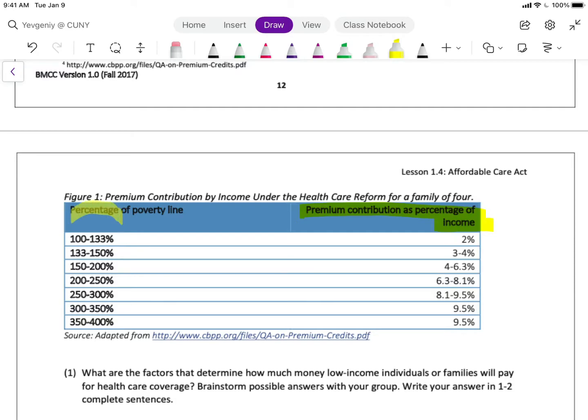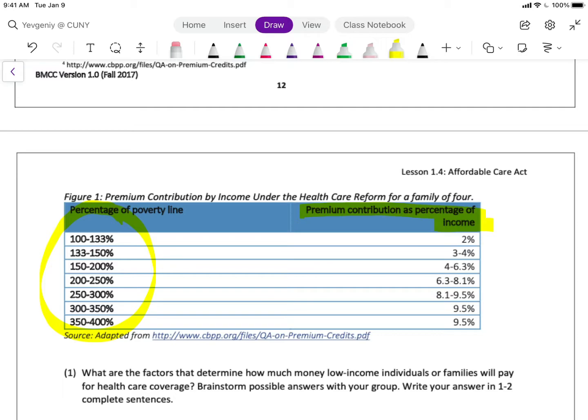If they fall into any of these brackets, and we're going to discuss how to determine which bracket one falls in, their contribution is solely dependent on that. Anything else is going to be covered by the government.